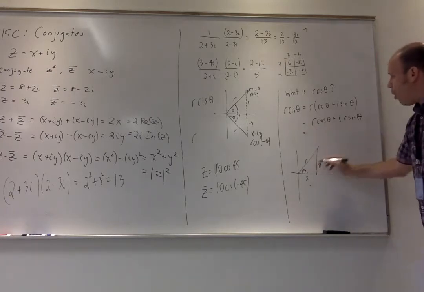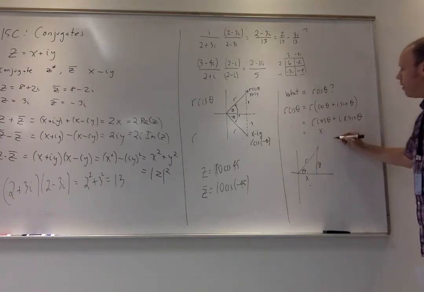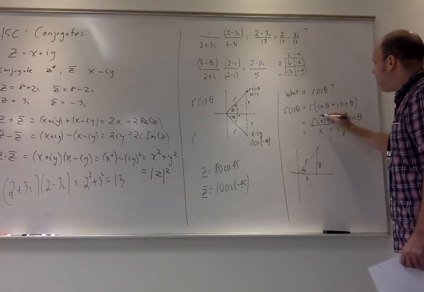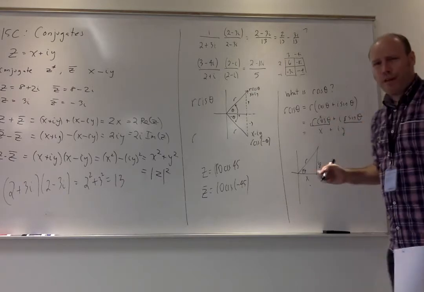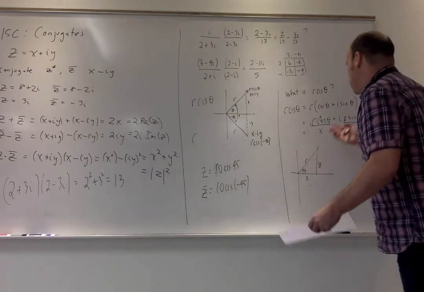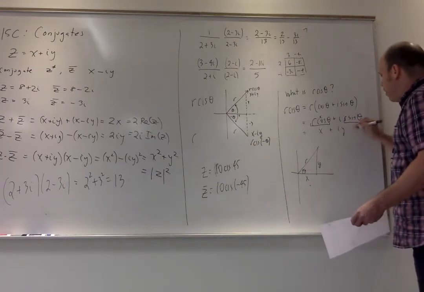So we know that r cosine theta is x, and we know that this is y. That's all it is. I'm not sure if I spoke about it or not. I kind of forgot, but that's where it comes from.